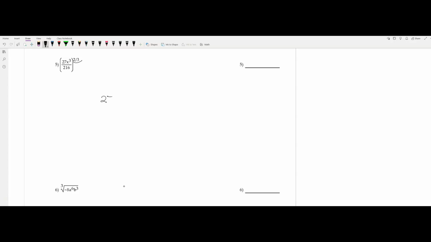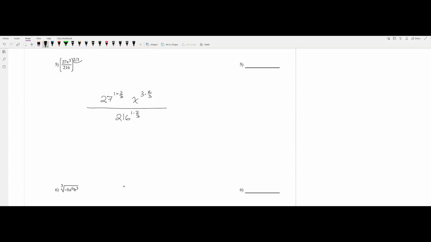So here I have 27 to the power of 1 times 2/3. I'll do the same thing here, x to the power of 3 times 2/3, over 216 to the power of 1 times 2/3.